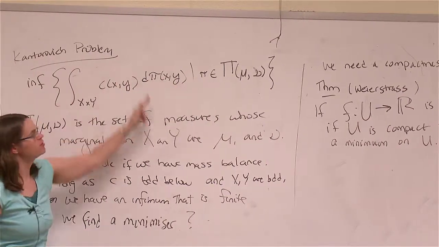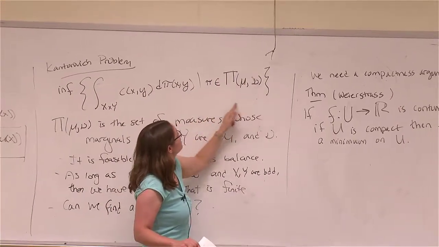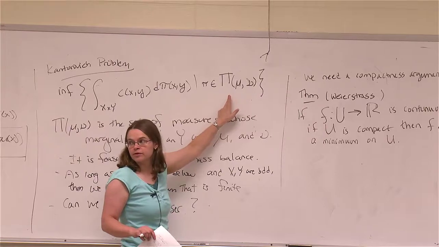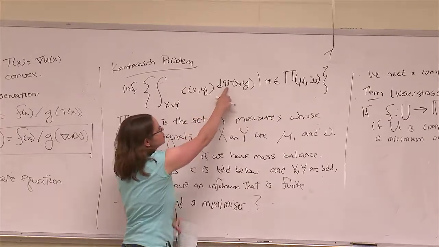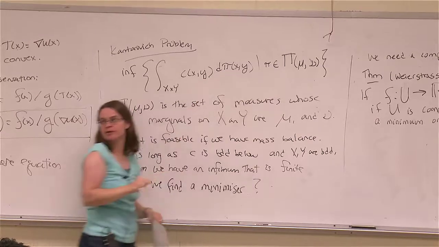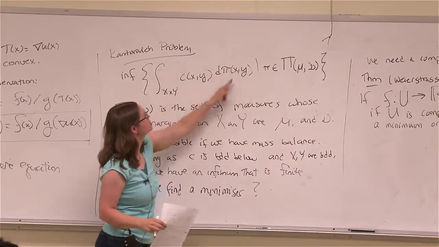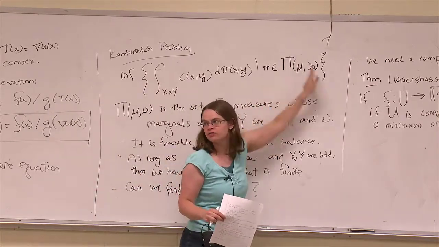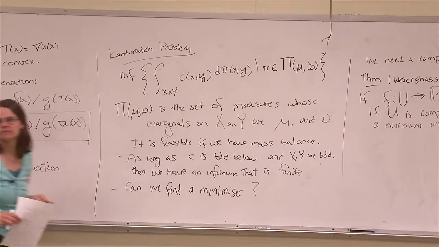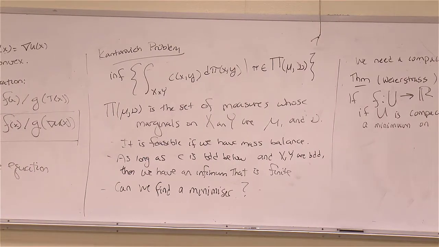This object here is our F. This space here is our capital U, because pi are the things we're trying to minimize over. So we need to show that this is continuous, and we need to show that this set is compact. And if we can do that, then we're done. Then we've got a minimizer.